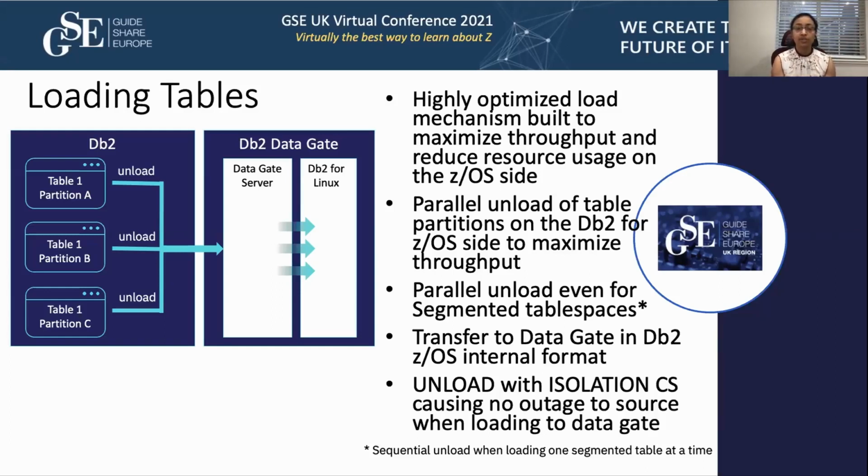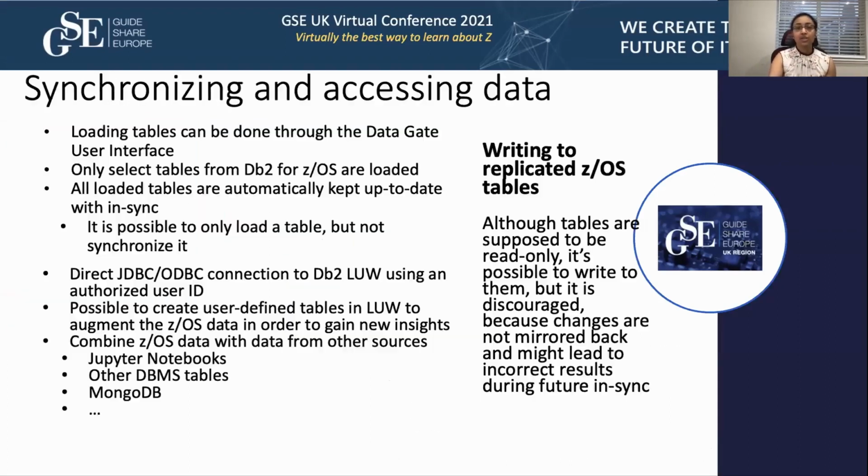They are available for reads and writes for the entire duration. DataGate always converts everything into Unicode, since everything on the cloud is Unicode, and EBCDIC is of no use there. So this is some information about the loading.